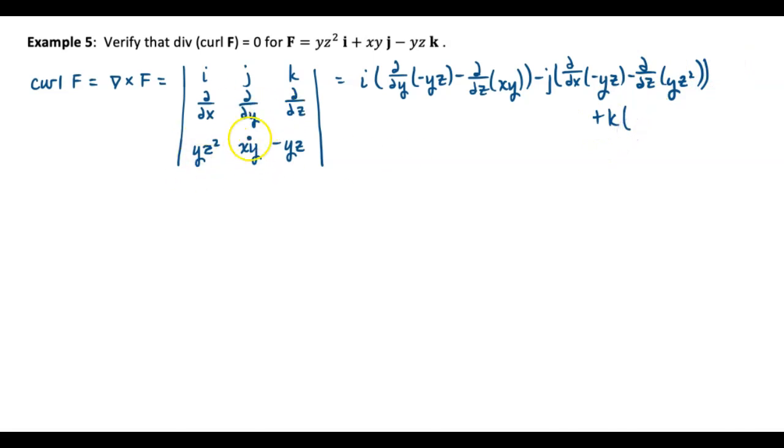And that k component is going to come from the partial with respect to x of xy minus the partial with respect to y of yz squared.